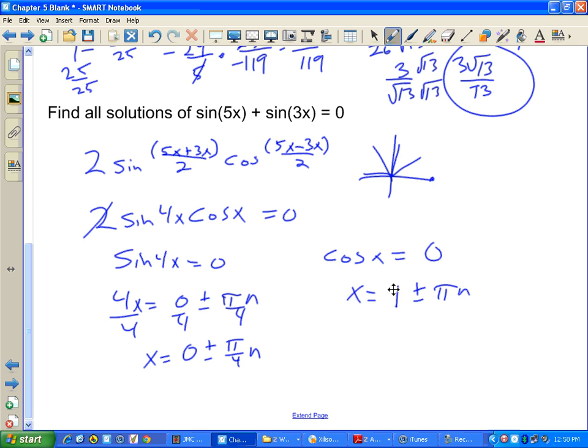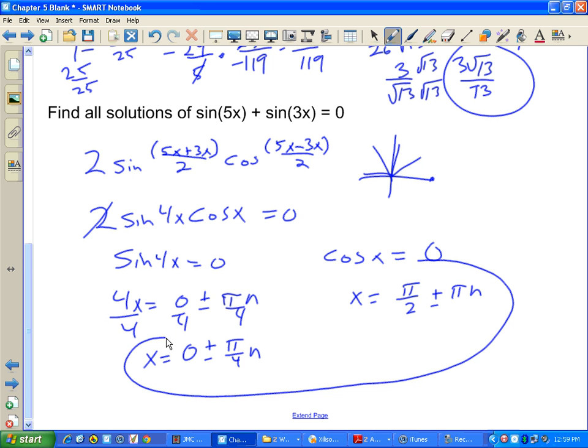Wait, let's see, sorry, cosine inverse of 0. Cosine is 0 at pi over 2. Sorry, this is pi over 2 plus or minus pi n. This is your solution. So whenever I'm at pi over 2 or pi away from that, so here or here, so top or bottom basically. So these are your solutions.